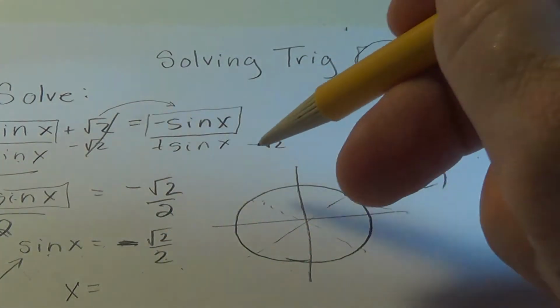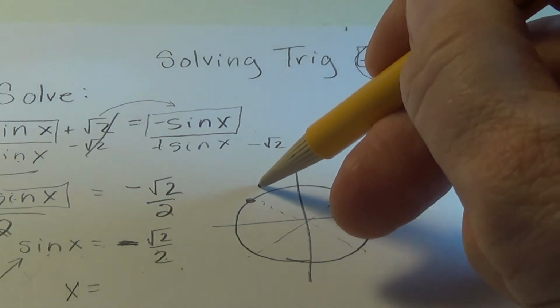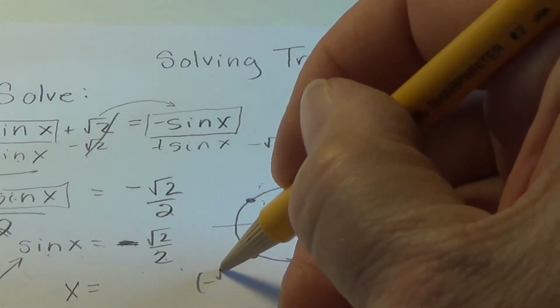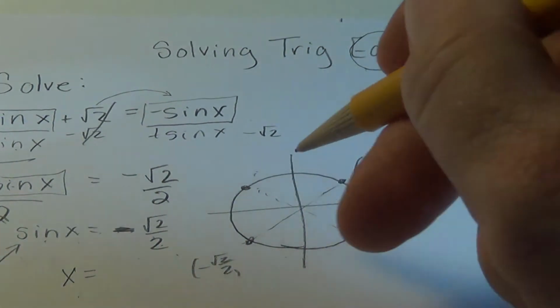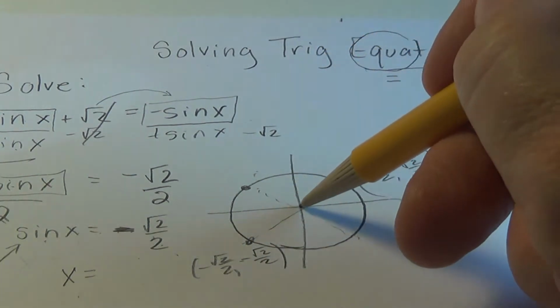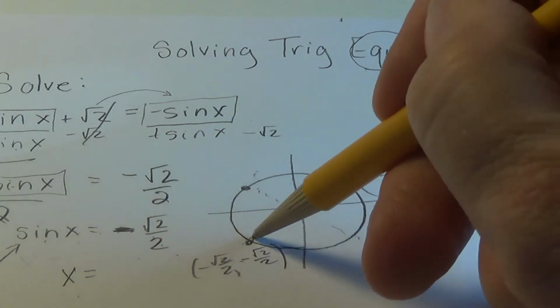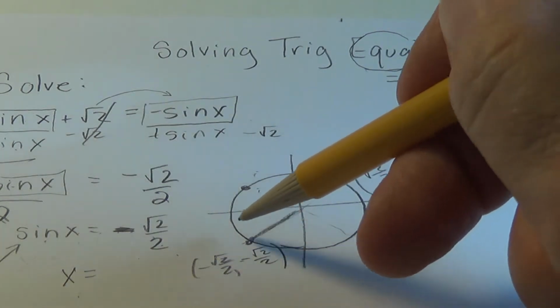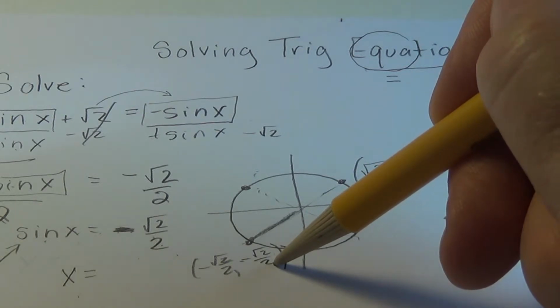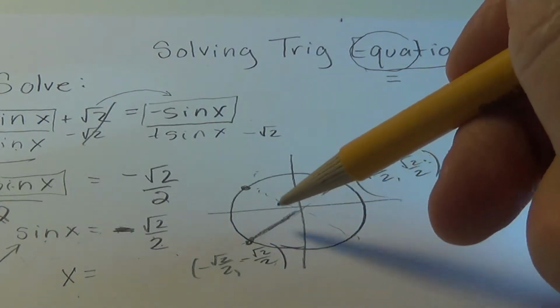We want the negative one. Over here, you'll recall the second one is also positive. But down here, we went back square root of 2 over 2 and down square root of 2 over 2. So we found an angle, this angle right here, that has a second coordinate of negative square root of 2 over 2, or a sine of negative square root of 2 over 2.